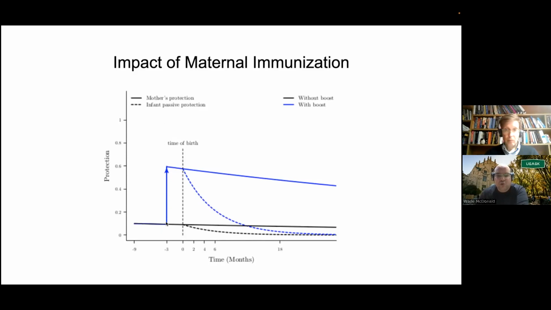The blue line, the solid line, represents the mother having a pre-birth vaccination during pregnancy, and then the decay rates apply, but from a higher point, leaving a higher protection level in the child for the first year of life.